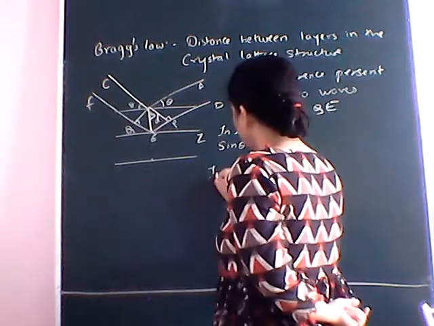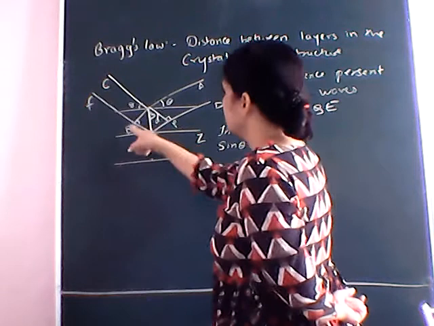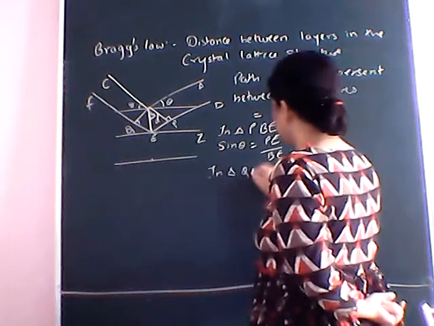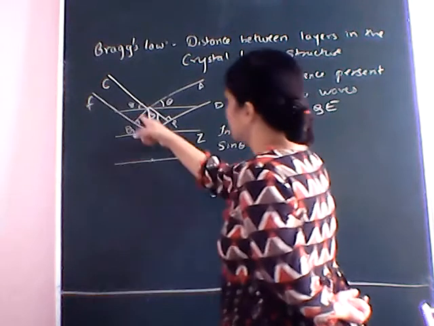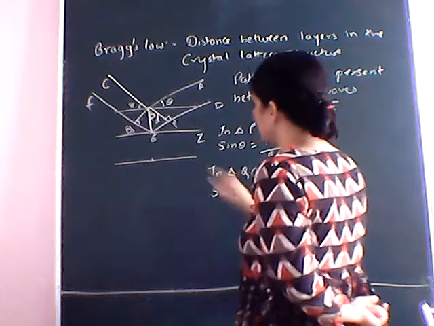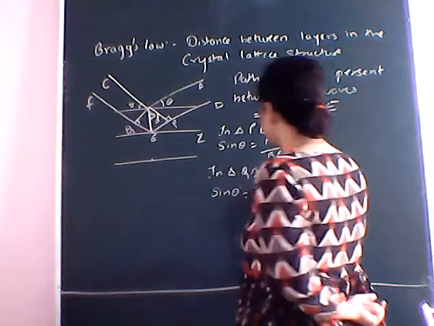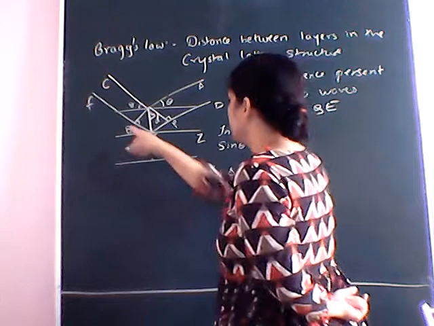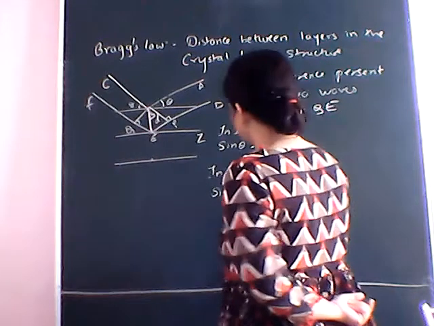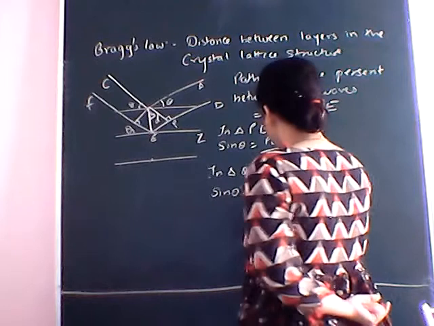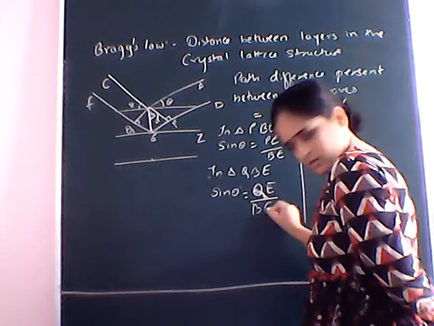Now in triangle QBE, again you can say sin theta is equal to what? It will be QE upon BE, right?